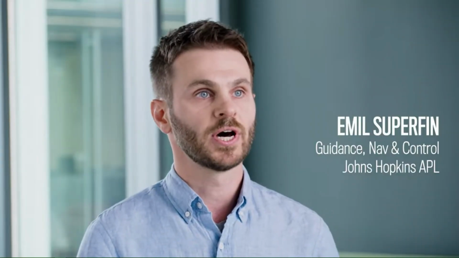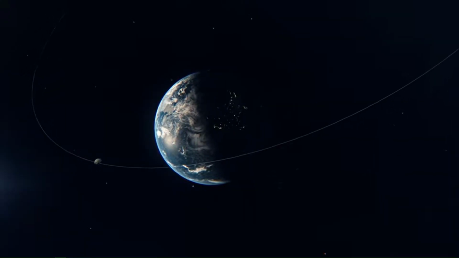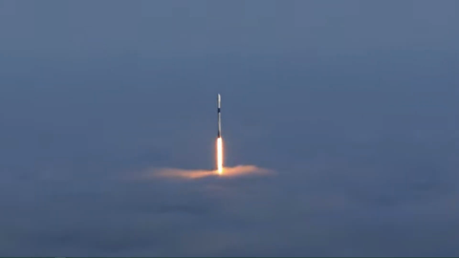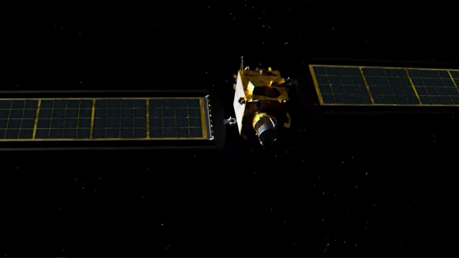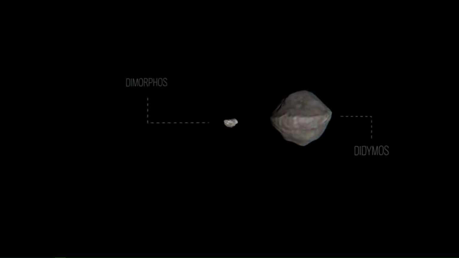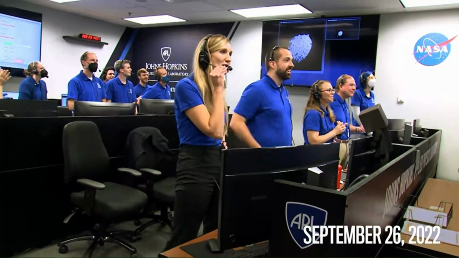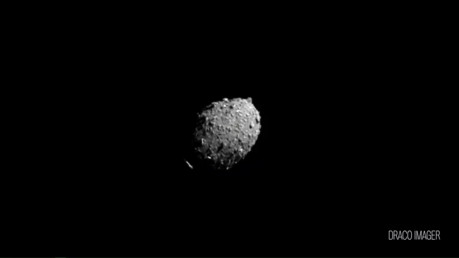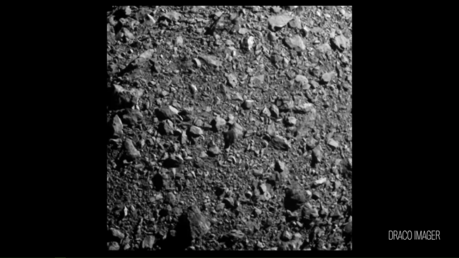Even giving it a small nudge, years in advance, will allow it to change its course sufficiently that it misses Earth. DART would spend 10 months traveling to its final destination, the moonlit asteroid Dimorphos, using autonomous SmartNav technology. And at about 2.5 minutes out, we cease all maneuvering and we coast until we hit the asteroid.